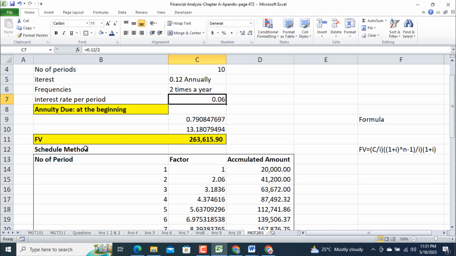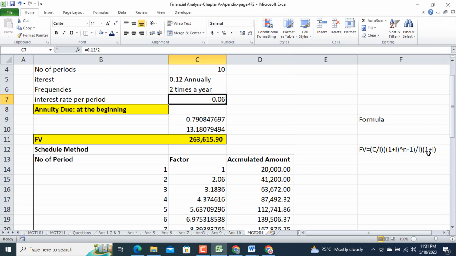Now we are going to discuss Annuity Due, where Mr. Salman is supposed to invest 20,000 at the beginning of the 6 months. The formula that we are going to use here is FV equals C, in parentheses, divided by I, times 1 plus I raised to power n minus 1, divided by I, times 1 plus I. This is another factor.